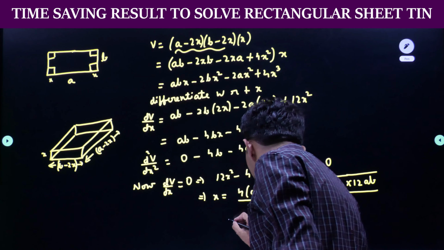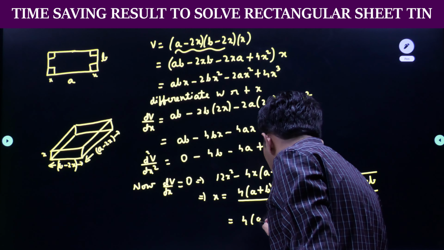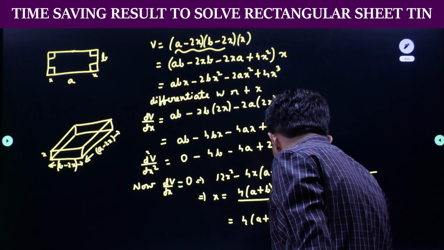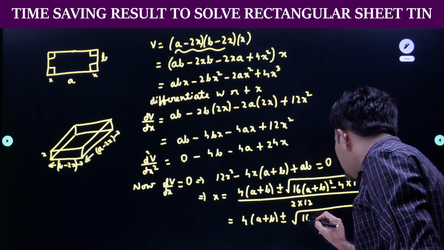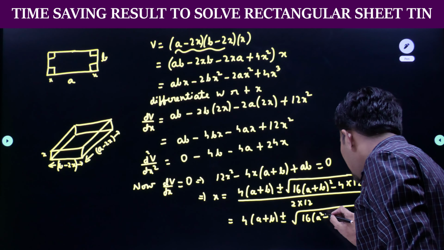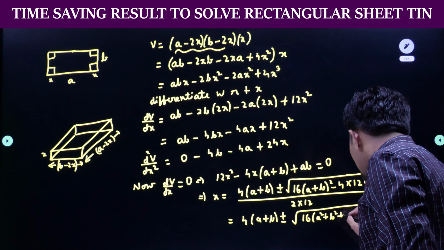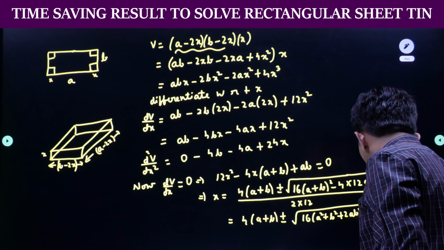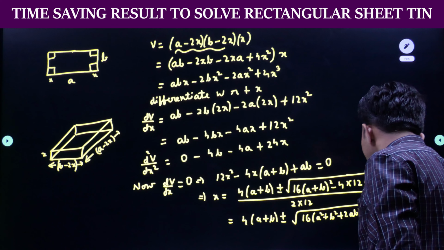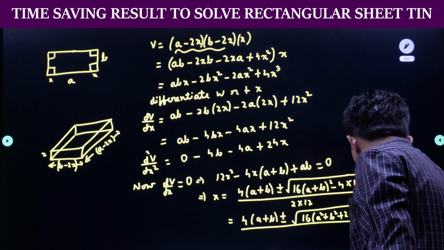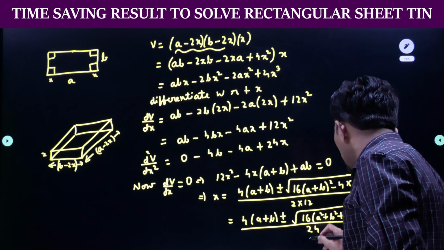This is equal to 4 times a plus b plus or minus root of 16 into a plus b whole square, that is a square plus b square plus 2ab, minus 4 into 12, 48ab, divided by 24.